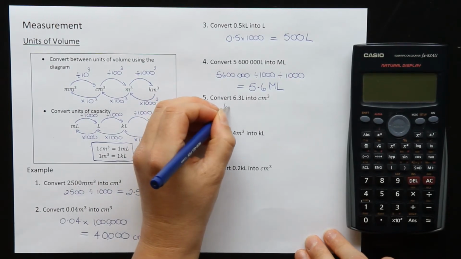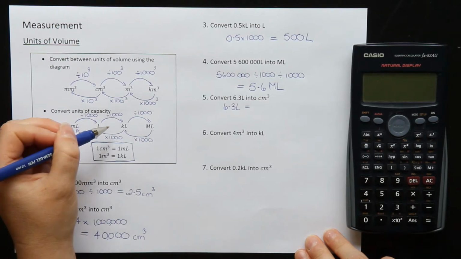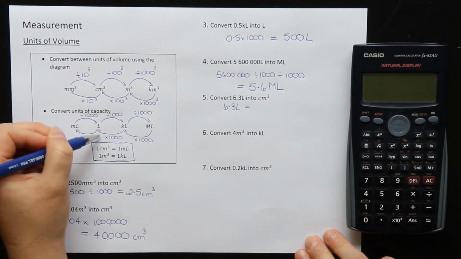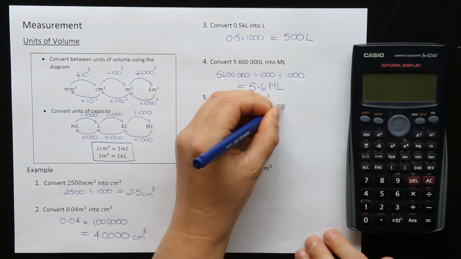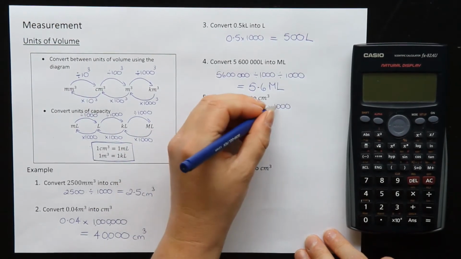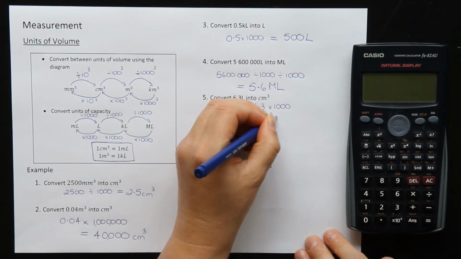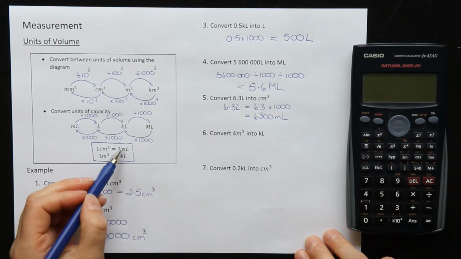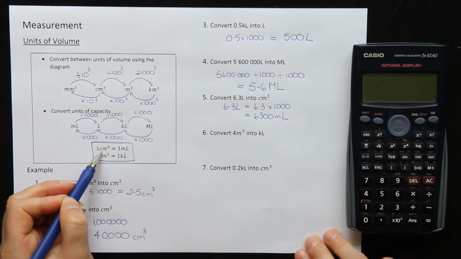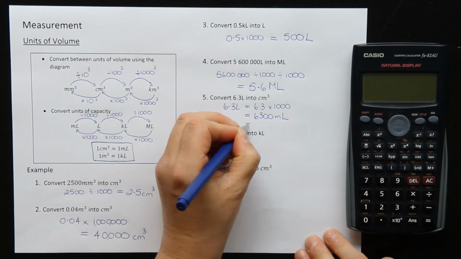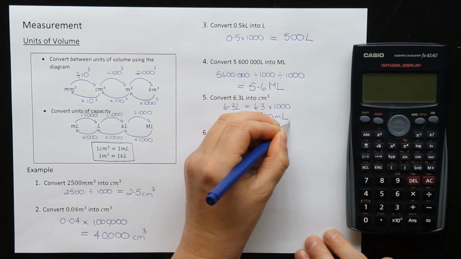So 6.3 litres is going to be equal to, if I want litres to millilitres, I times by 1,000. So 6.3 times by 1,000 is equal to, jumping over 3 places, 6,300 millilitres. And then I know that millilitres are exactly the same as centimetres cubed. So if I have 6,300 millilitres, I really have 6,300 centimetres cubed.